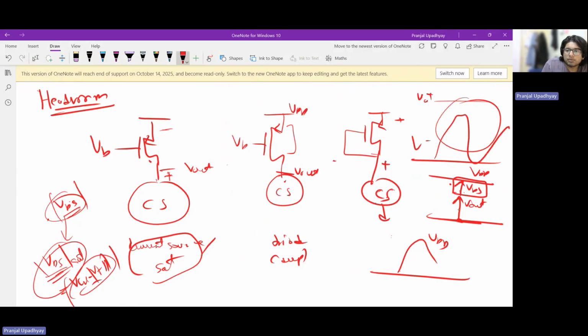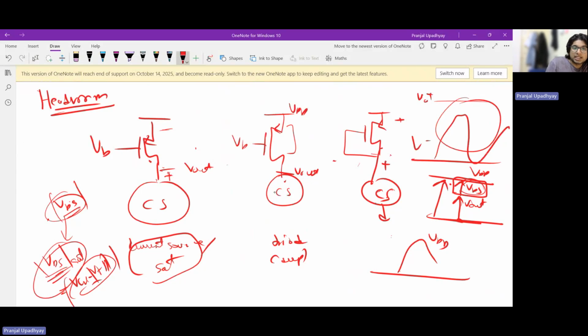But if my V out swings all the way to VDD, these two won't remain in saturation. This one will become off, and this one won't remain in saturation. So if you have your loads in saturation mode, your upper output swing will be limited. But that's the sacrifice we have to make.